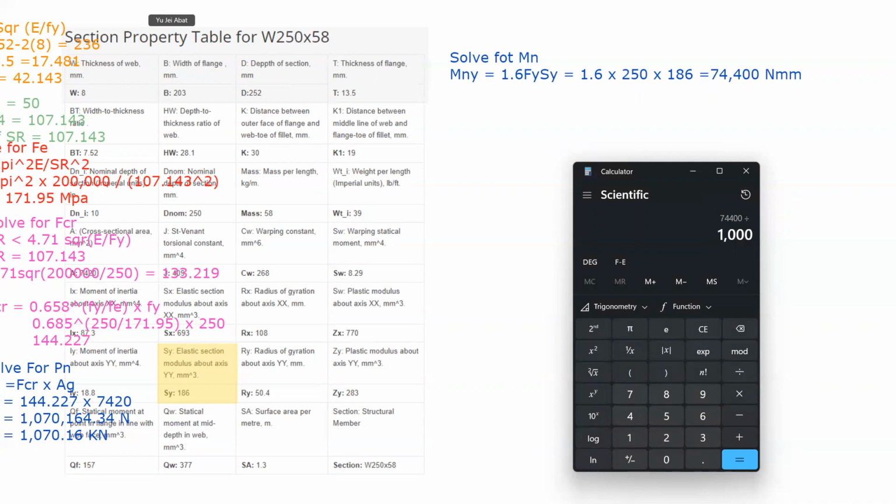Times 1 kilonewton over 1,000 Newton, so divided by, and times 1 meter over 1,000 millimeters, divided by 1,000 again. That is 0.0744 kilonewton meter.